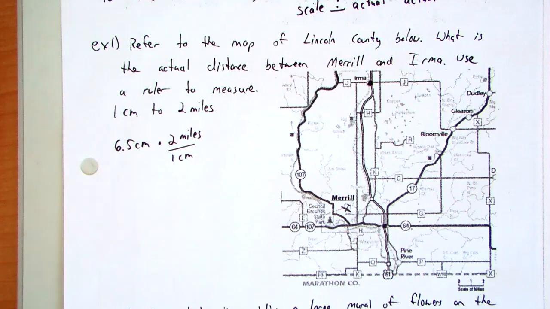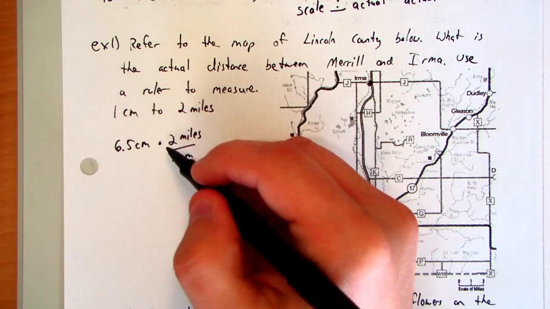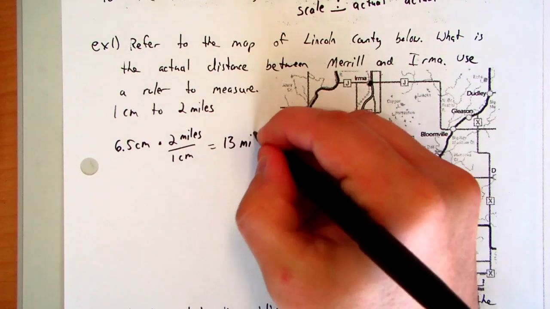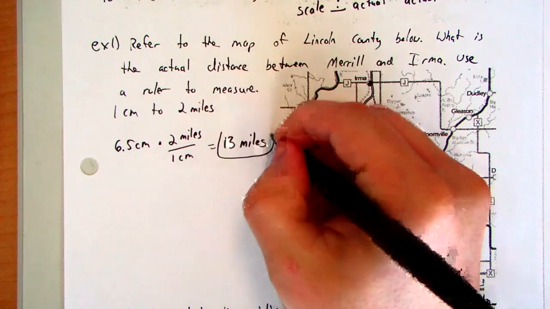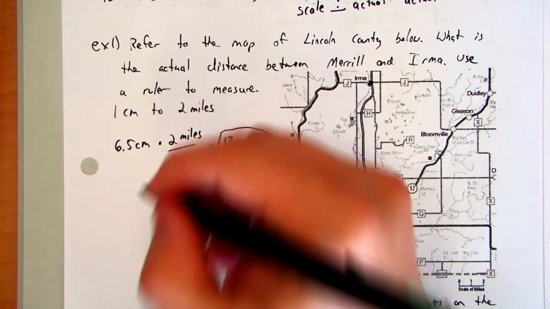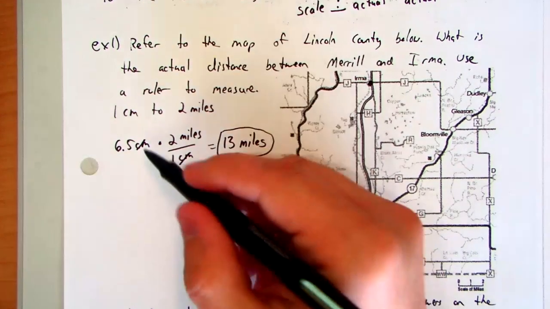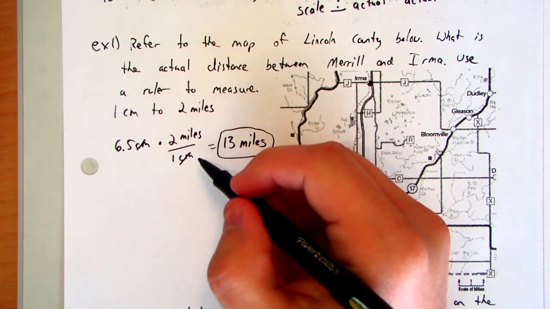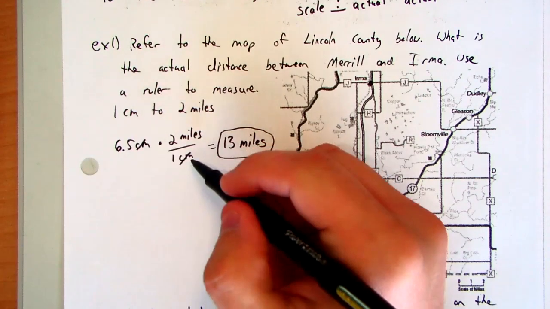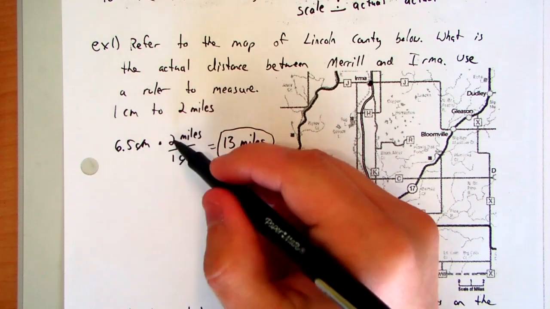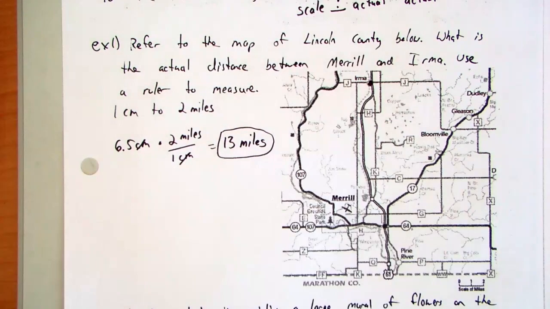So I have 6.5 times 2, which happens to be 13 miles. These centimeter units cancel each other out because I have a centimeter unit in the numerator and a centimeter unit in the denominator. Just like numbers, they can simplify. So all that remains is miles. So according to this map, Merrill is 13 miles away from Irma.